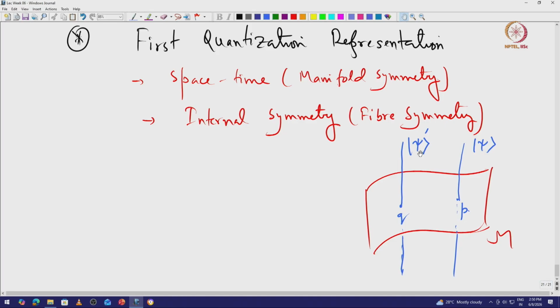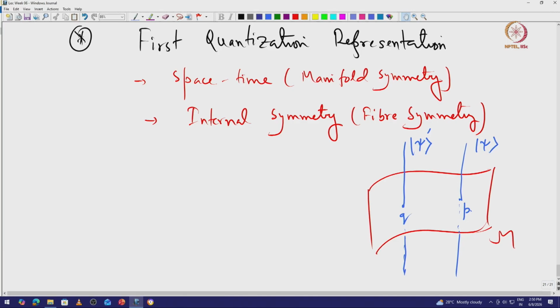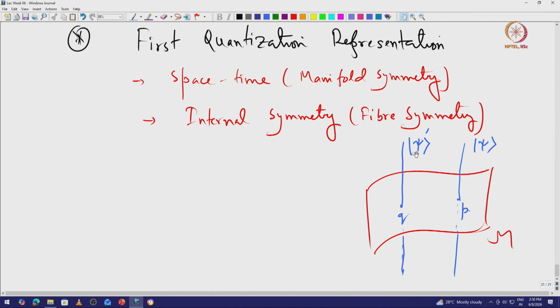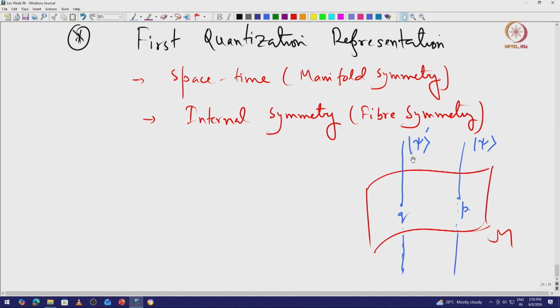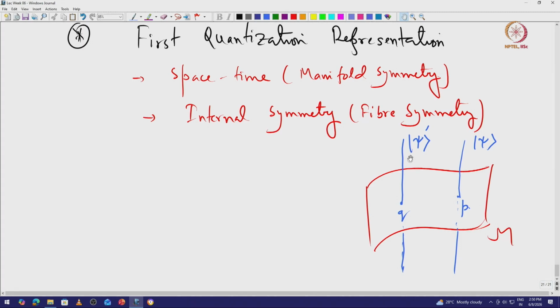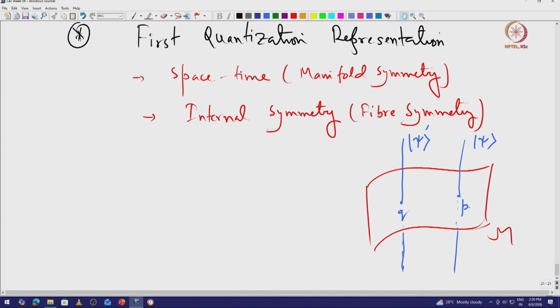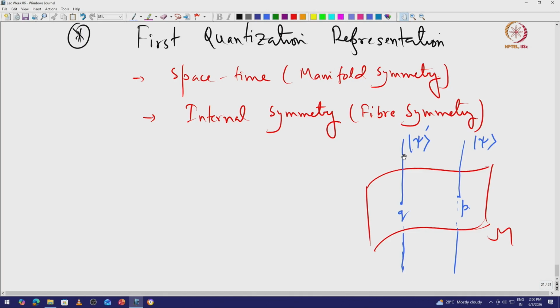Whereas, the internal symmetry will be staying here, but let us say this state is written in some frame and we make some changes in the frame, because you remember that in the principal bundle, the states, the fibers are some structure group like U1 or SU2 and O3, On, this sort of state.